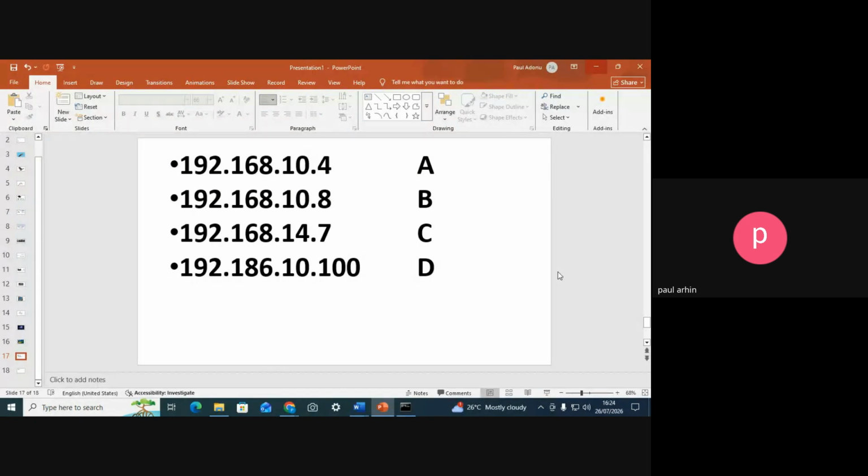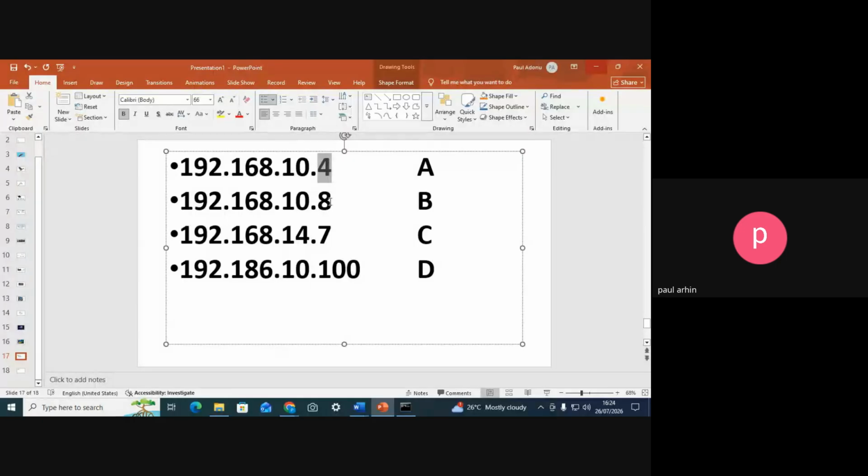That's well established. So if they are class C IP addresses, the only thing we are expecting to be different from each other is the last octet, the host part.